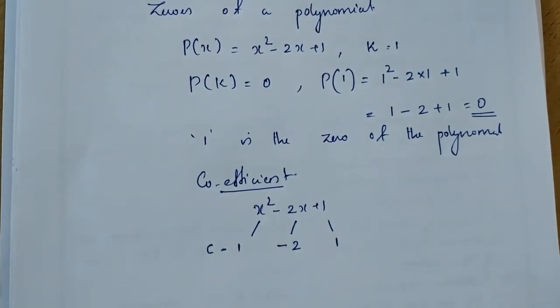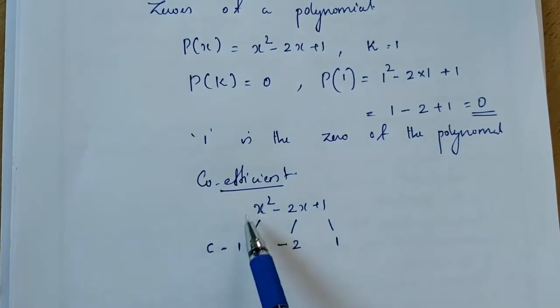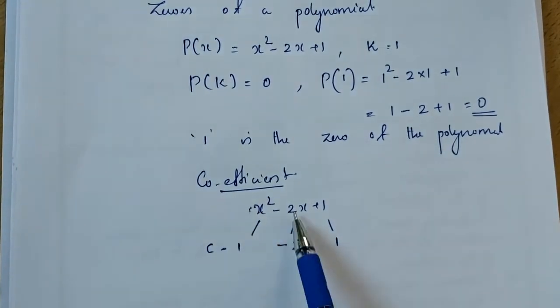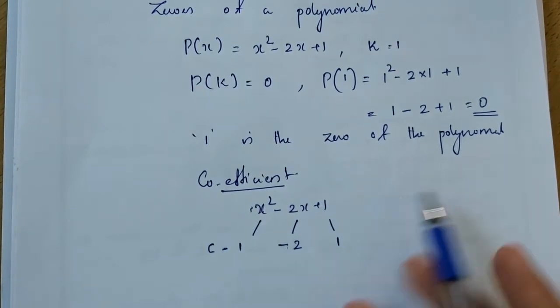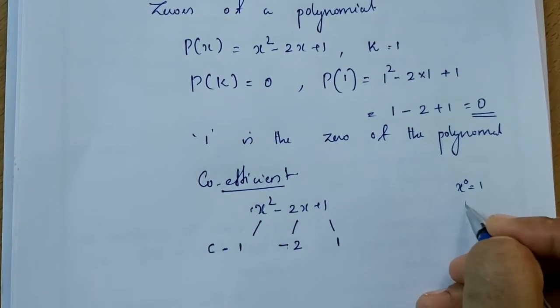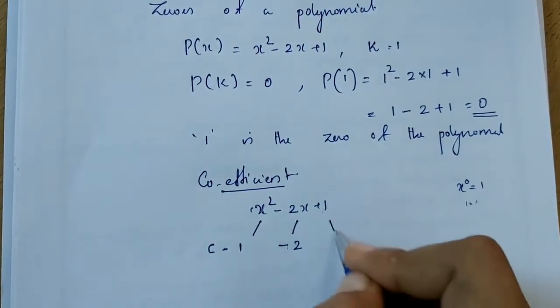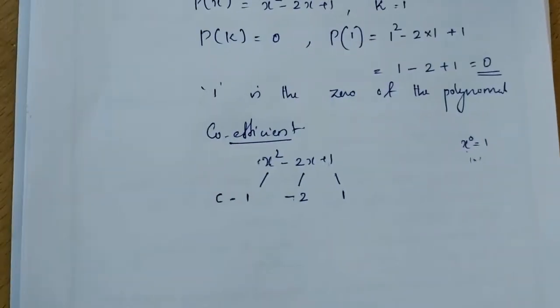Okay, these are the zeros and the coefficients of a polynomial. Here x square has 1, x has minus 2, and here x raised to 0. x raised to 0 is equal to 1, so 1 into 1 is equal to 1. So here the coefficient of x raised to 0 is 1. Okay.